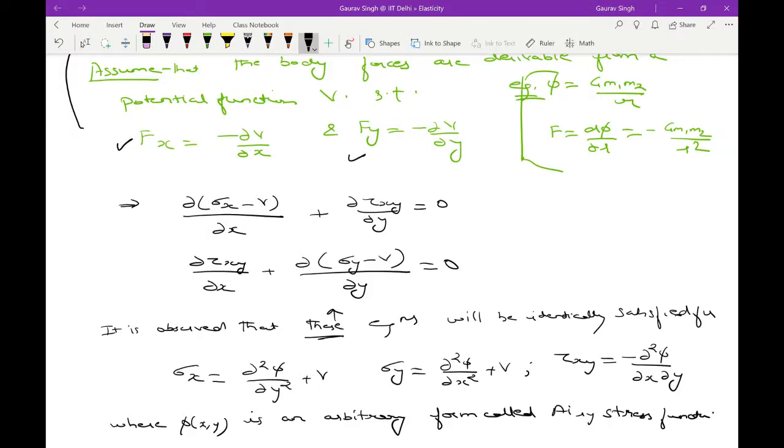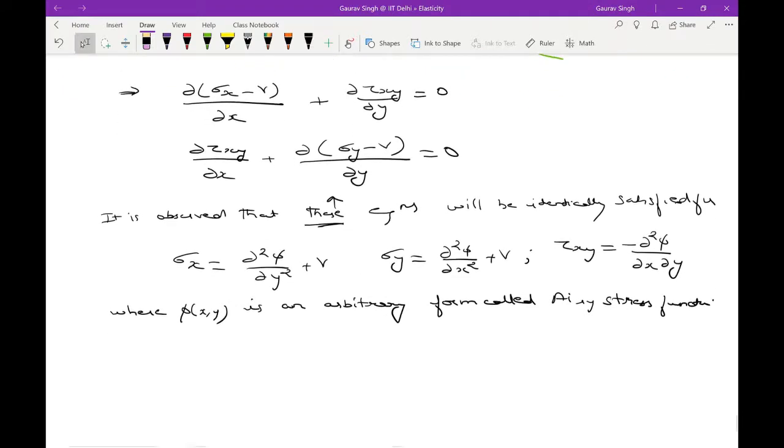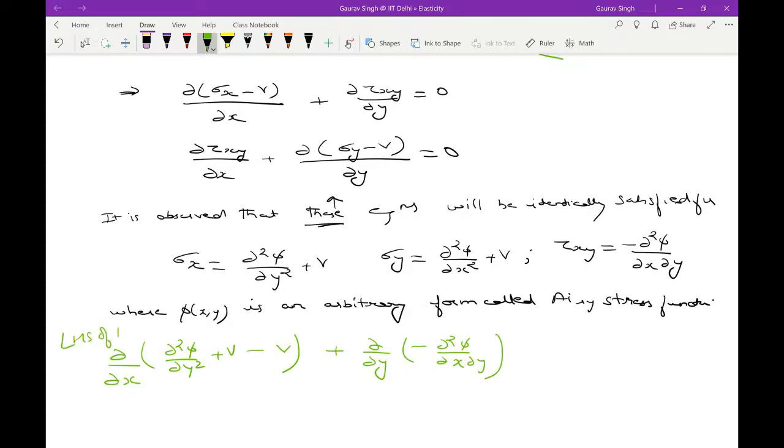So let's just see whether this is actually working. We will want to substitute it over here, so I'll just take the first equation, ∂/∂x of sigma x, which is ∂²phi/∂y² plus V, minus ∂V/∂x, then ∂/∂y of minus ∂²phi/∂x∂y. So this is the left hand side of the first equilibrium equation.